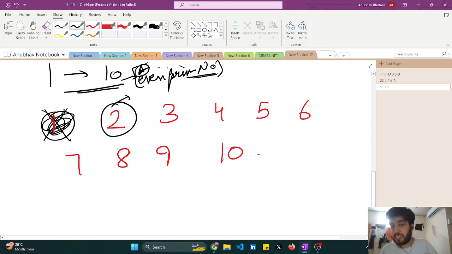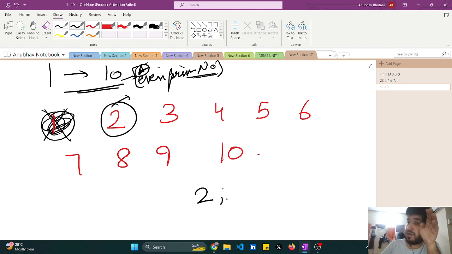Now, if I know that 2 is a prime number, then the multiples of 2 will not be prime numbers for sure. Why? Because the multiples of 2 will have one more factor, 2, apart from the other two factors, that is 1 and the number itself.